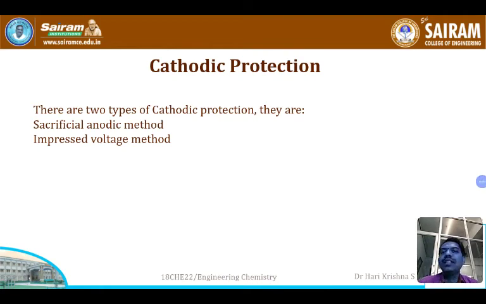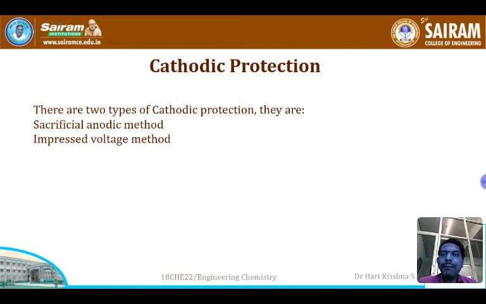We have discussed different methods of corrosion control. Few among them are metallic coating and anodizing in our previous session. So now we are going to discuss one of the major methods, cathodic protection. So how does corrosion occur?